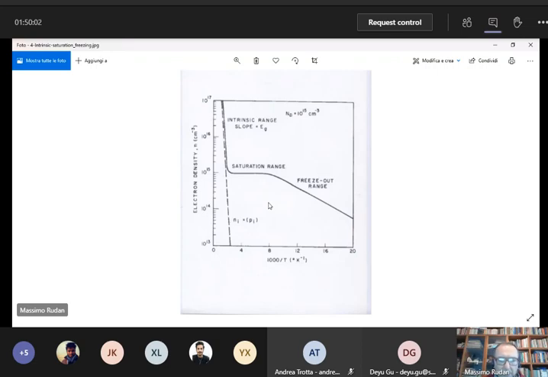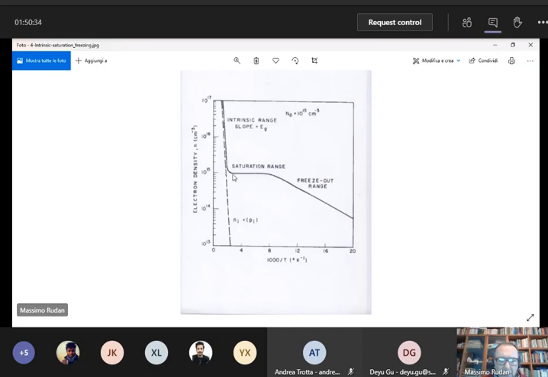In fact, you remember that in these conditions, the concentration of the electrons is practically equal to the concentration of the dopants. You see that the saturation range corresponds exactly to 10 to the 15th here, and we have a dopant concentration also equal to 10 to the 15th. So we have small n equal to Nd.